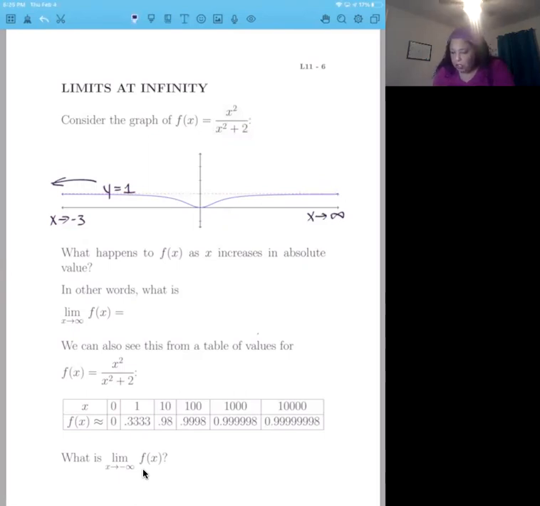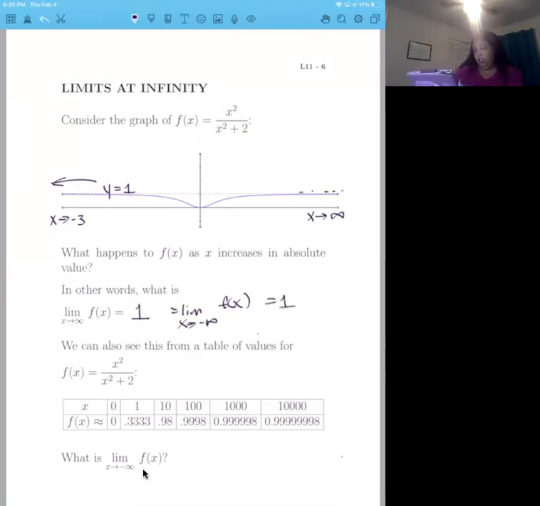Well, it's approaching that asymptote. So that limit is 1. And it's the same thing if I took the limit as x went to negative infinity of that function, because as it goes to negative infinity, it's going towards that asymptote as well.